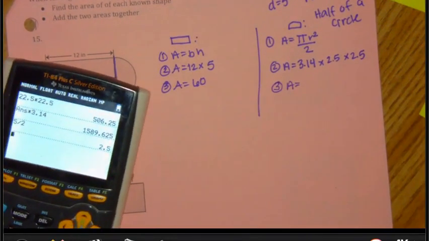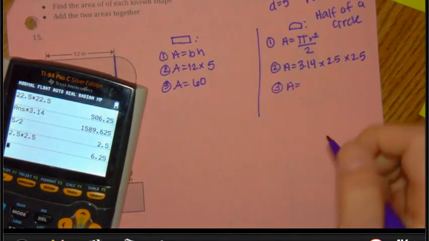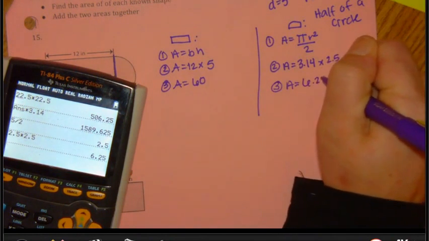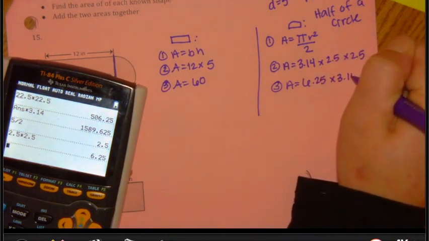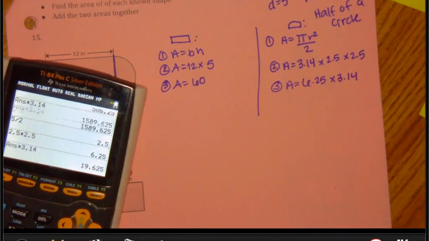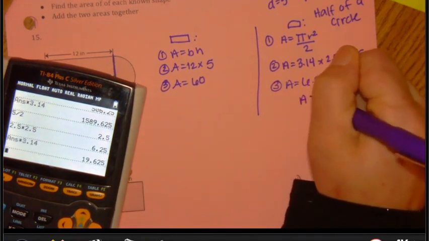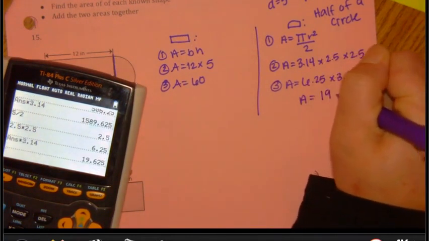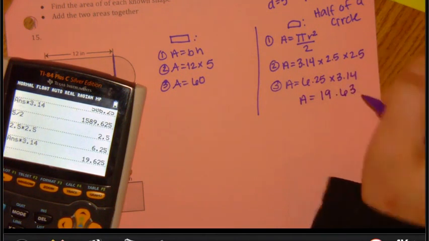Okay, and then step 3 is to solve. So I'm going to do 2.5 times 2.5 first to get 6.25 times 3.14. And I'm going to round to the nearest hundredth to get 19.63.